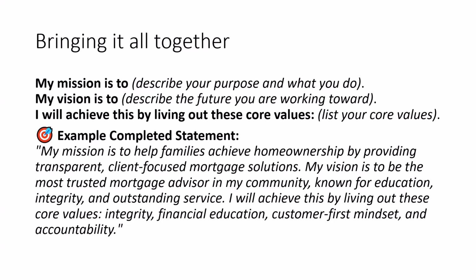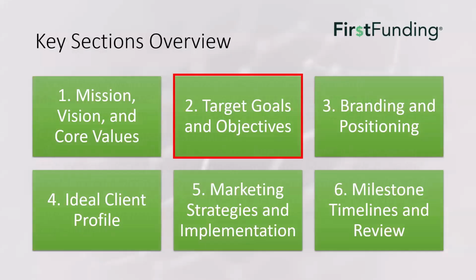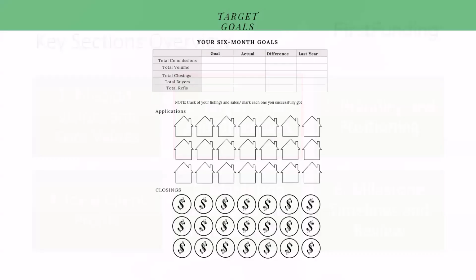And then the next part we got into was section 2, your targeted goals and objectives. I always say a goal is a dream with a deadline. So having an idea of what those goals are, what that looks like.